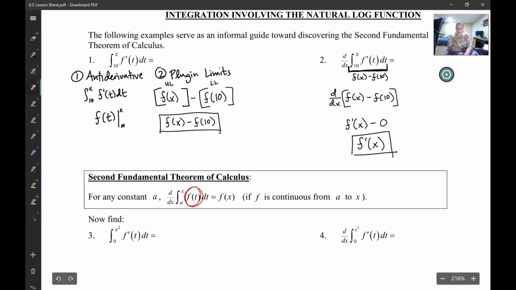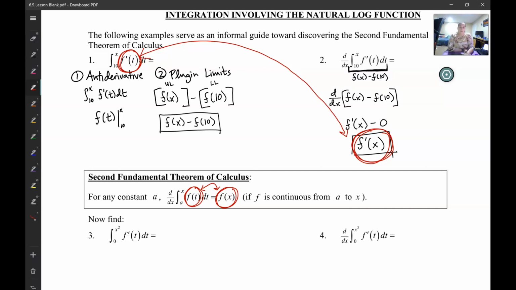So you'll see this one is that one. They're the same, which is exactly what we got here. We had this one and our end answer. They're the same. All that happened is our variable changed. So that's the first part of the second fundamental theorem of calculus. In the next video, we're going to do a little more discovery to find the next part of the second fundamental theorem of calculus.